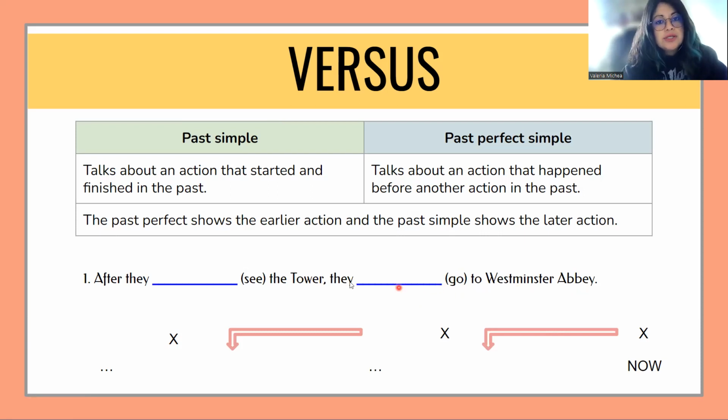So now you need to find out what happened in the past and what happened before that in the past. This is us now. So let's go to the past and what happened before that action in the past. I'm gonna give you some time so you can finish thinking and answering the question.